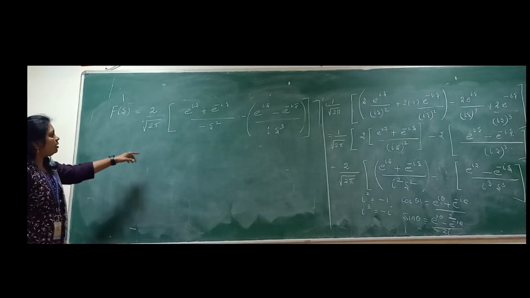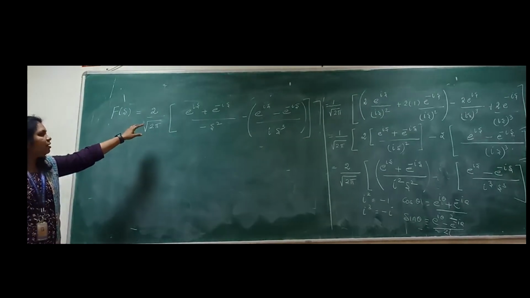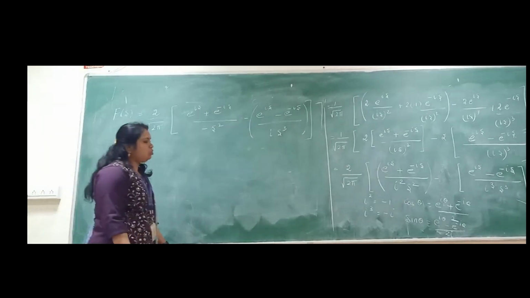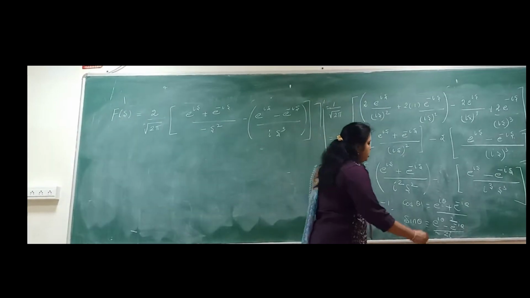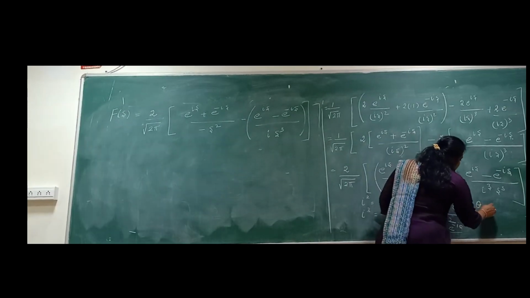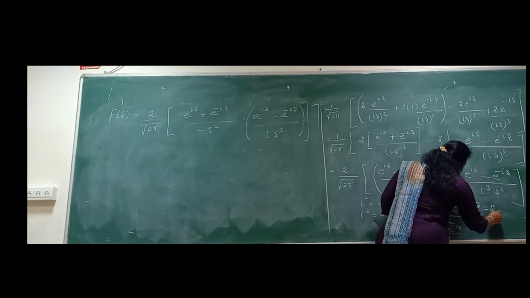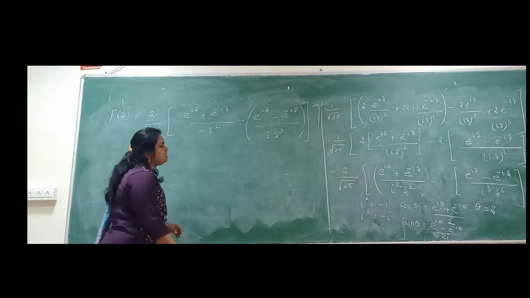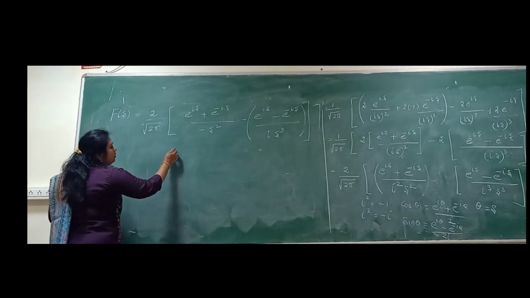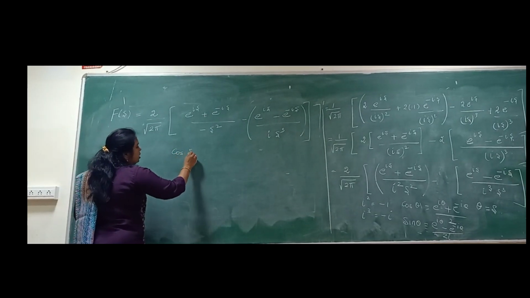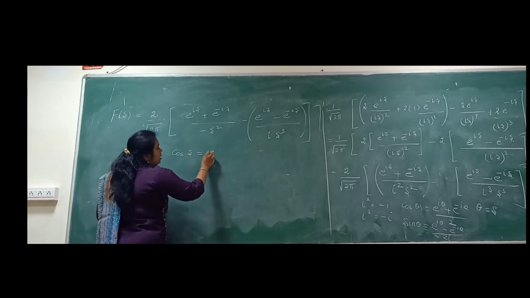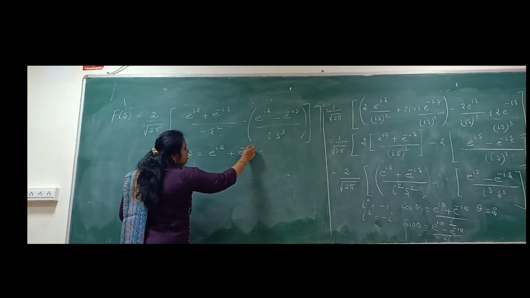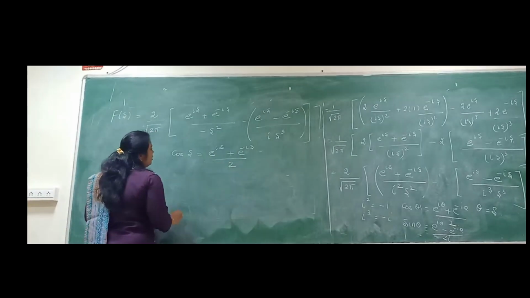Now you know that this corresponds to the formulae. So what is the formula here? We have to check it now with respect to theta and s. So instead of theta, you replace s. If you replace s, what will you get? cos s is equal to e power is plus e power minus is divided by 2.